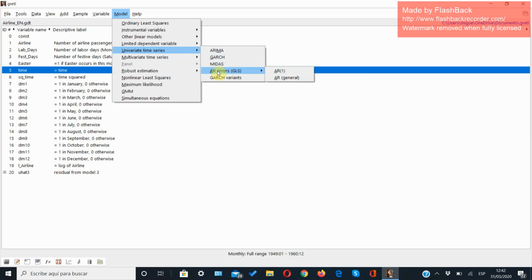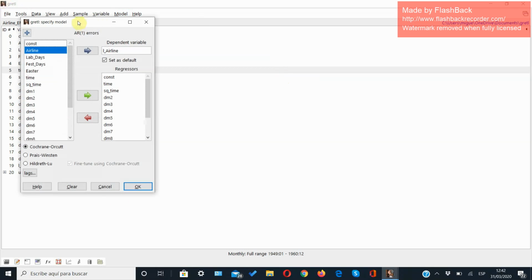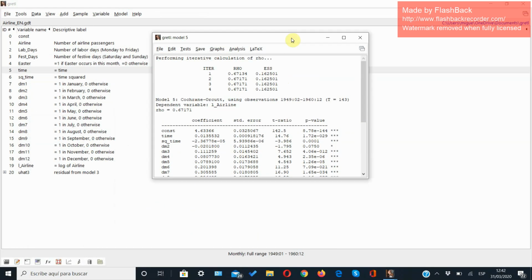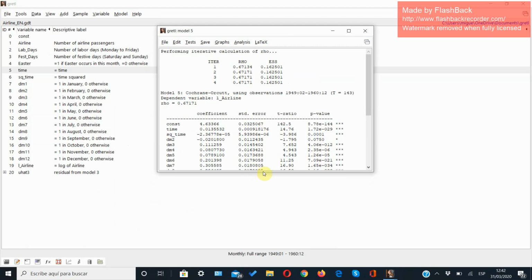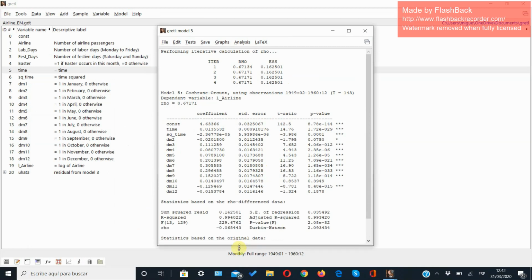An autoregressive error model is the one which relates the error at time t with the errors at time t minus 1, t minus 2, and so on. So we identified an autoregressive first order error. You click OK, and what you have here is this new and enhanced model.